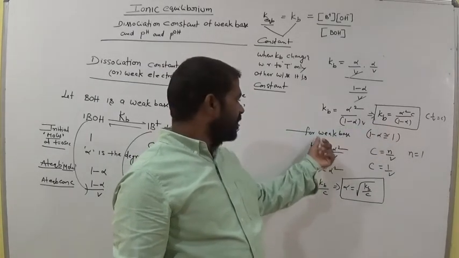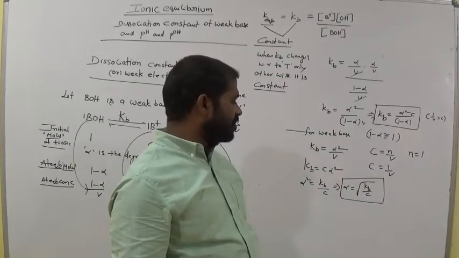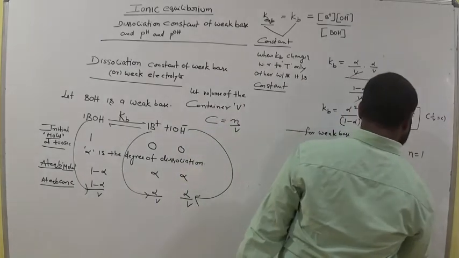But particularly for a weak base, 1 minus alpha becomes nearly 1. Then we get alpha equals the square root of Kb by C. This relation is very important. Remember this.